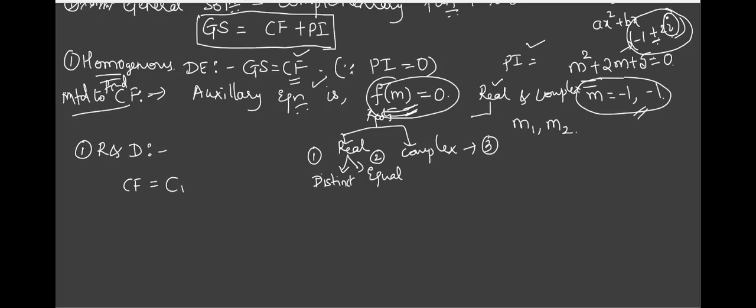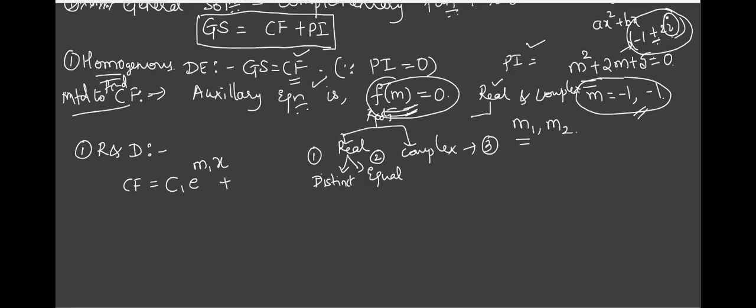If it is not equal, you should write the complementary function like this. There is a rule for this. C1, some constant, e raised to what is the first root? m1. For the equation dy by dx, the independent variable is x, so you should write in terms of x. For real and distinct root m1, write c1 e raised to m1x.